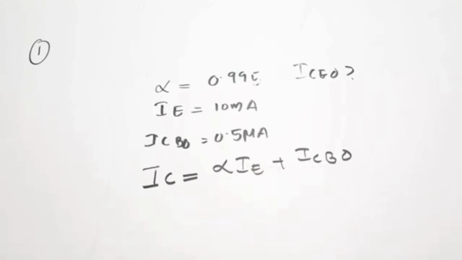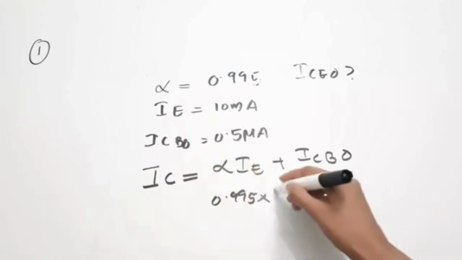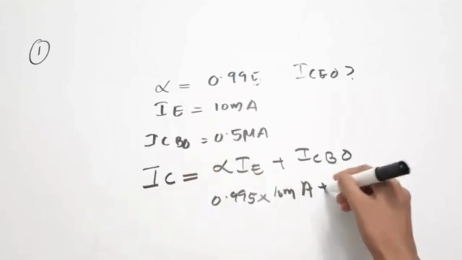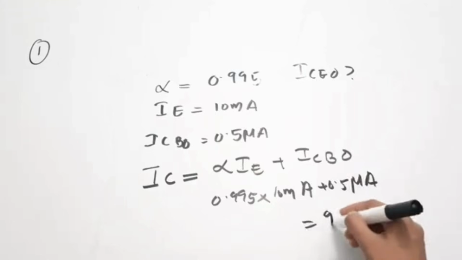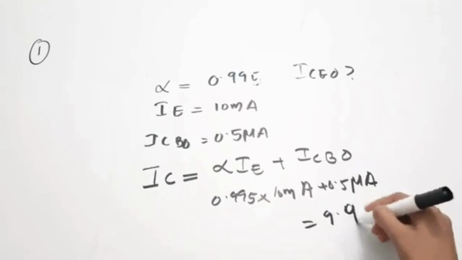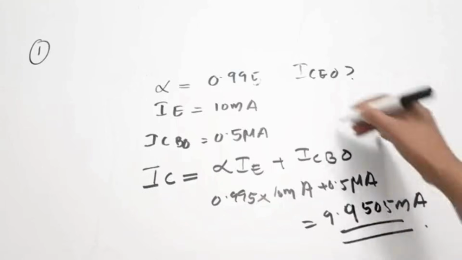Substituting all the values given here: 0.995 times 10 milliamperes plus 0.5 microamperes. If you solve it, you will get 9.9505 milliamperes as the value of IC.